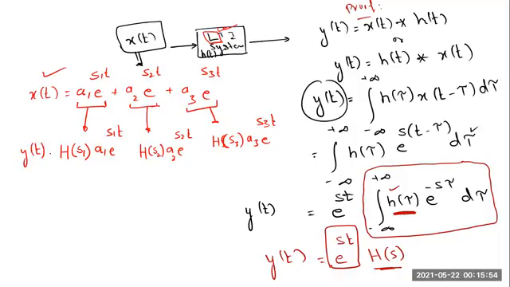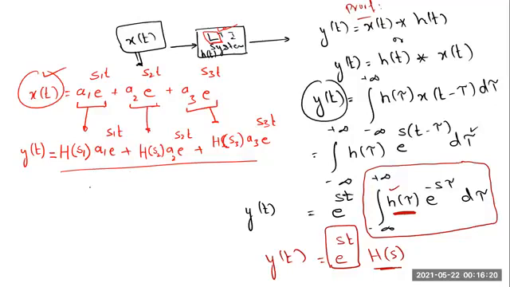So I will say the output y of t will be equal to this term plus this term plus this term. So you can see the advantage of representing the signal as a linear combination of complex exponentials. If we can represent our signal as a linear combination of complex exponentials, then our output is also conveniently represented as a linear combination of the corresponding responses.